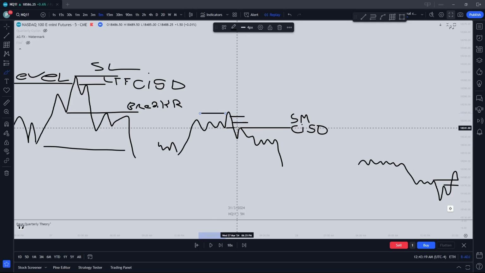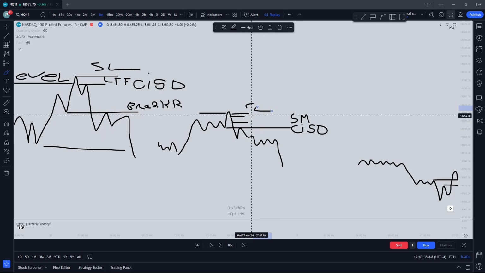You can enter off the 5-minute CISD, which can also be a breaker. And then still stop above the high, our stop at the order block, EQ, right? And just risk a little bit less.